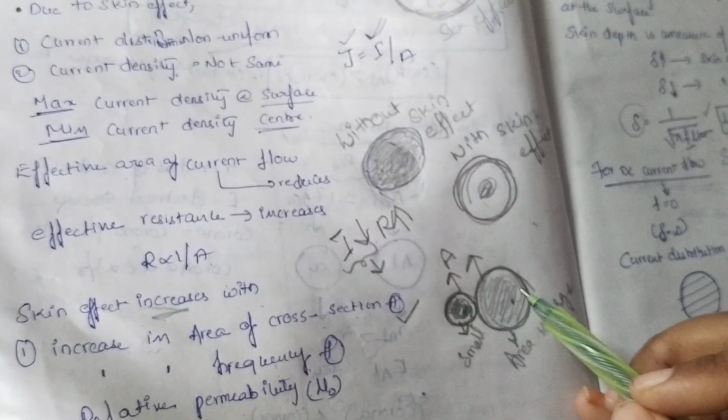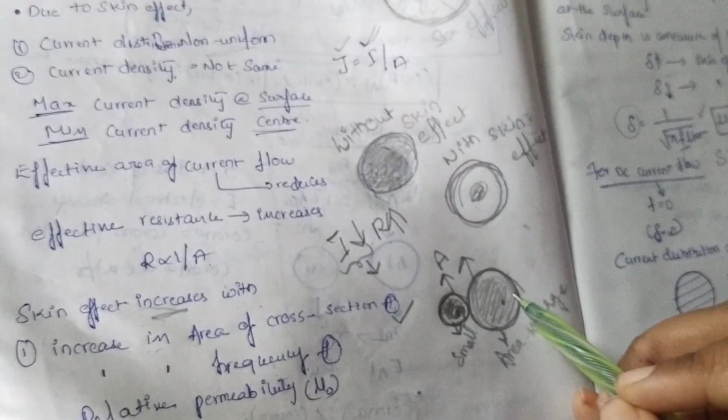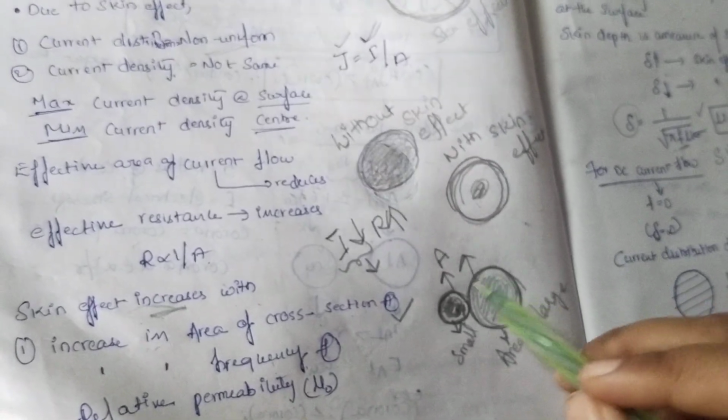When we compare these two, this is the area where heavy current is not flowing inside the conductor.